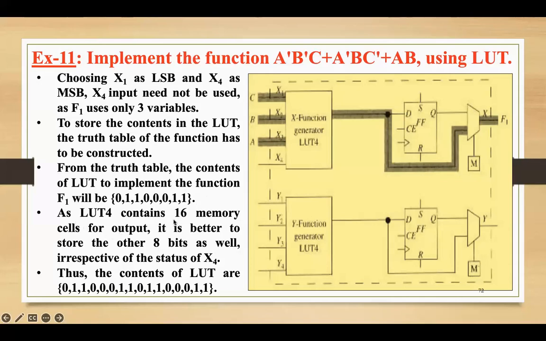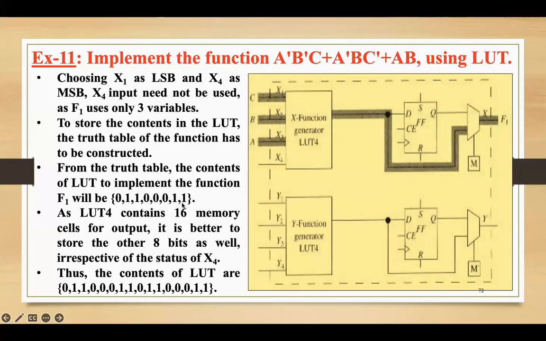As LUT4 contains 16 memory cells for output, it is better to store the other 8 bits as well, irrespective of X4. Which means we are trying to make use of all the capacity. So what we will do is we have got this data. How did we get this data? Through the equation. You can work it out, and you will be able to find this particular value. So F1 is going to be true if and only if these values hold.